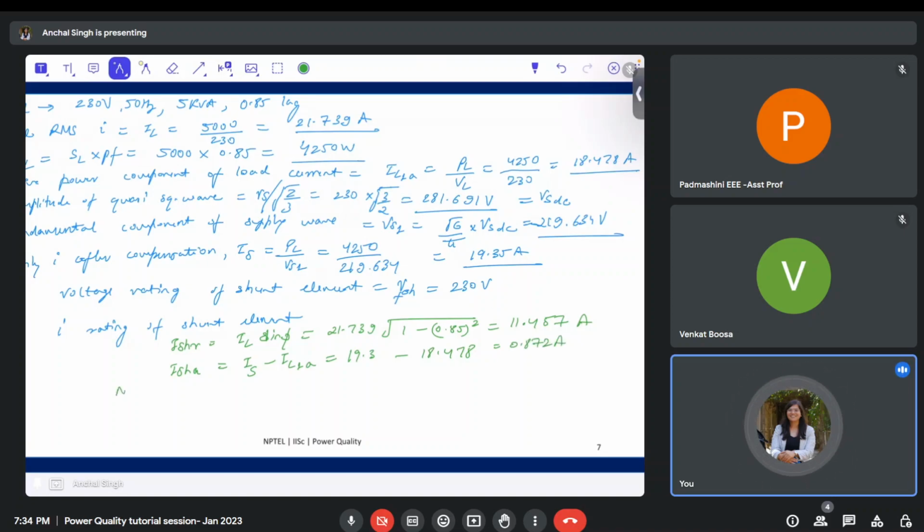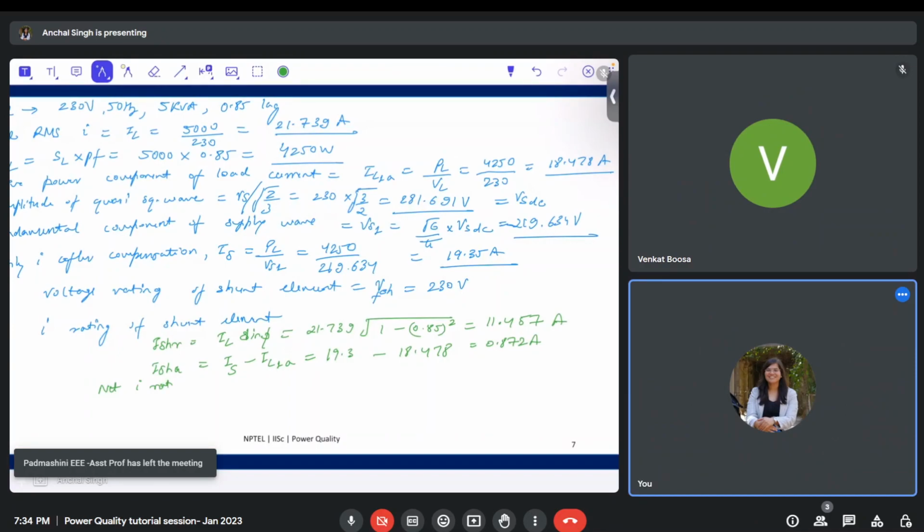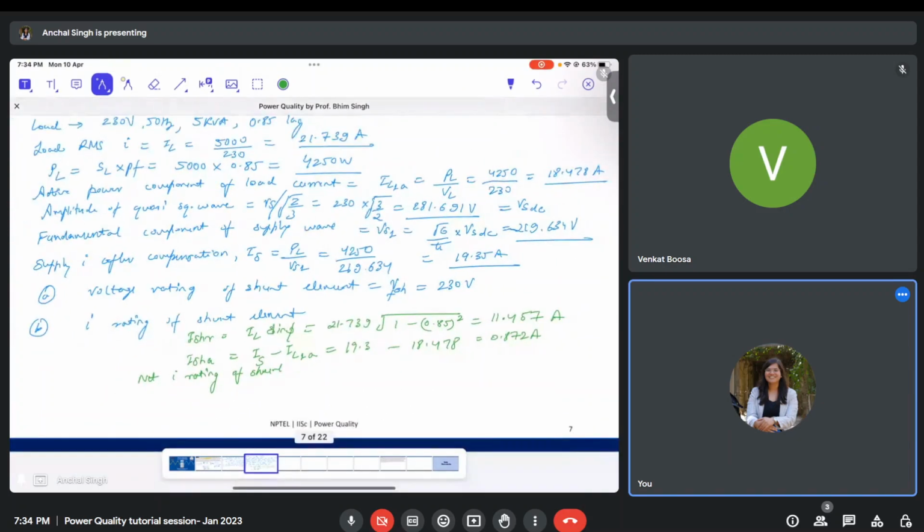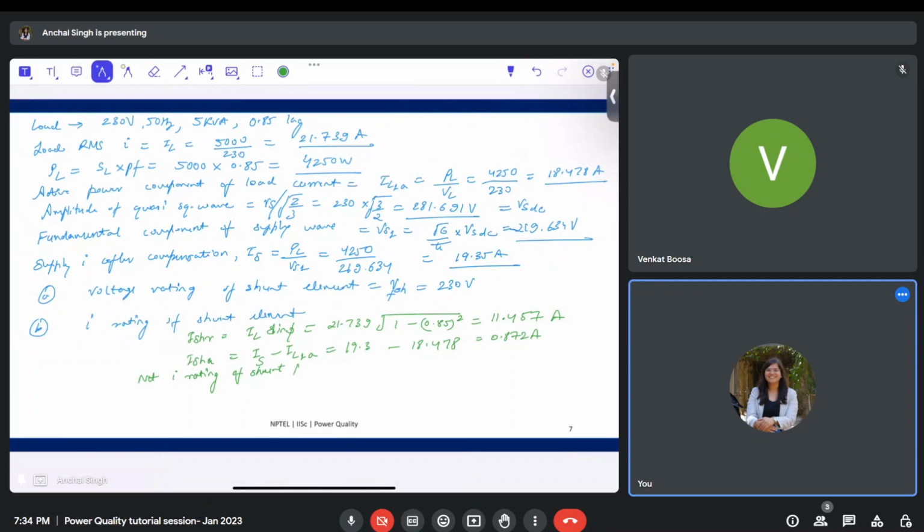So the net current rating of shunt filter, let me call it as ISH, is equal to under root of ISH reactive square plus ISH active square, and this value will come out to be 11.49 amperes.